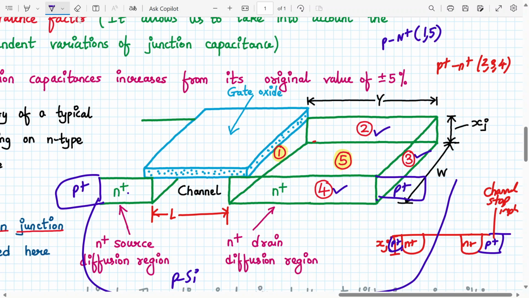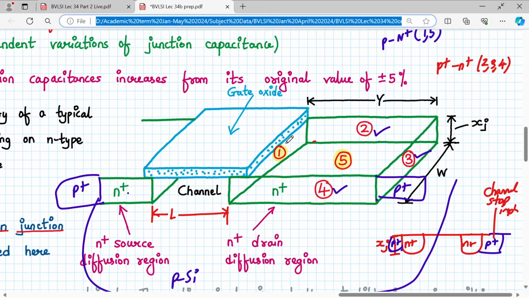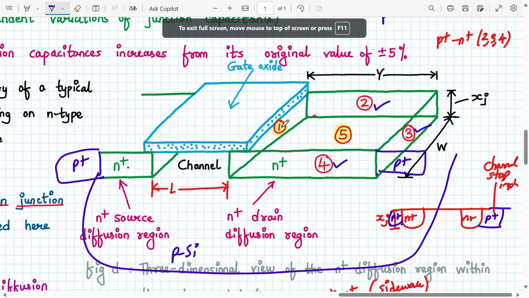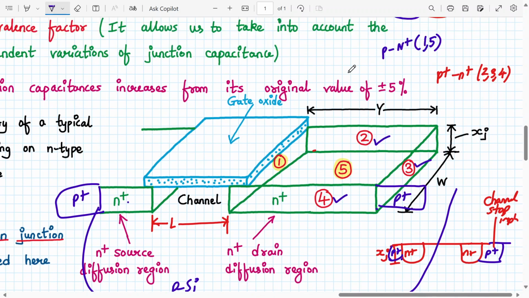Junction labeled 1 is facing the N channel, and the bottom junction 5 is facing the P type substrate. Yes or no? I repeat, junction labeled as 1, the P N plus junction, is facing the N channel, and the bottom junction 5 is facing the P type substrate.